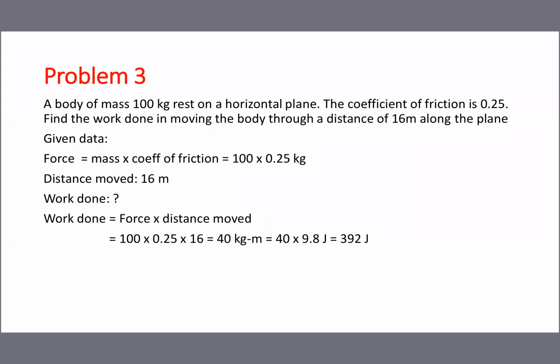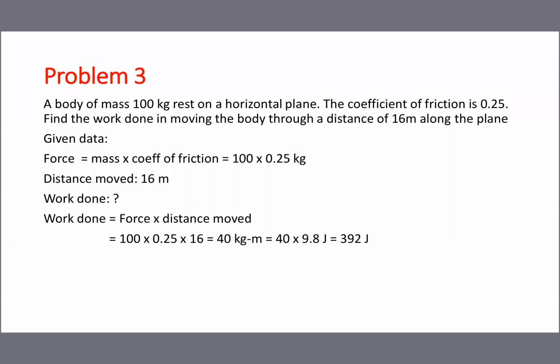So go to problem number 3. Read the problem. A body of mass 100 kg rests on a horizontal surface. The coefficient of friction is 0.25. A new data is coming: the coefficient of friction is 0.25.